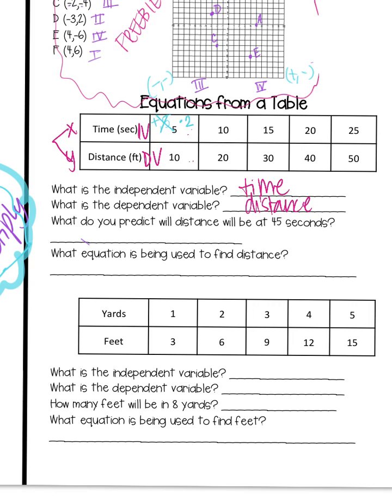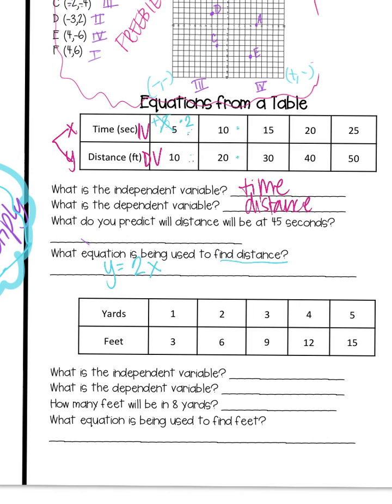Okay, so what equation is being used to find distance? This is saying, what did you do to your x to get your y? So we're going to write y equals, what did I do to this 5 to get 10? Times 2. What did I do to this 10 to get 20? Times 2. What did I do to this 15 to get 30? Times 2. So it's safe to say that my equation is y equals 2x.